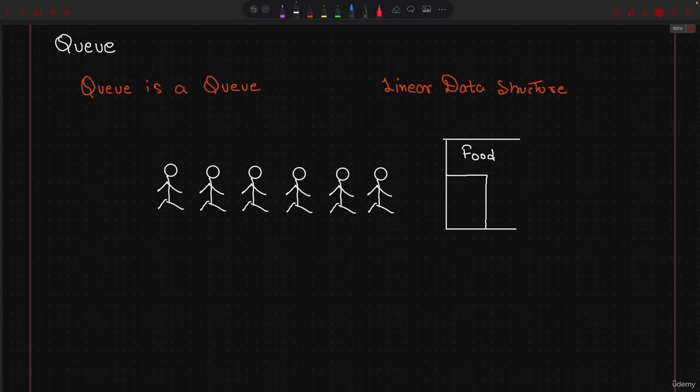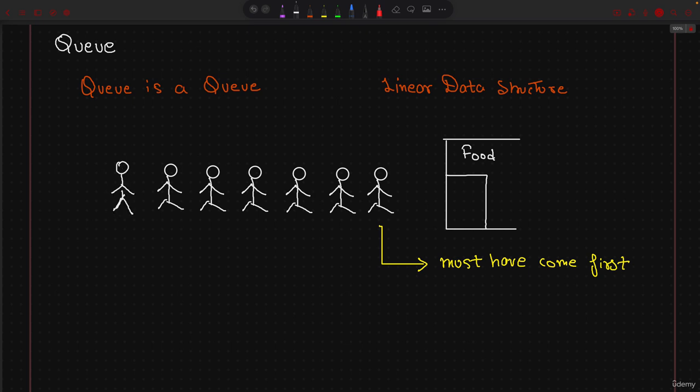A few things which we know from our experience is that this person must have come first, right? I'm not taking the case where you can enter from the middle or something. No, you have to make sure that you are following the order of the queue. So if a new person comes in tomorrow, he will be coming in towards the end.